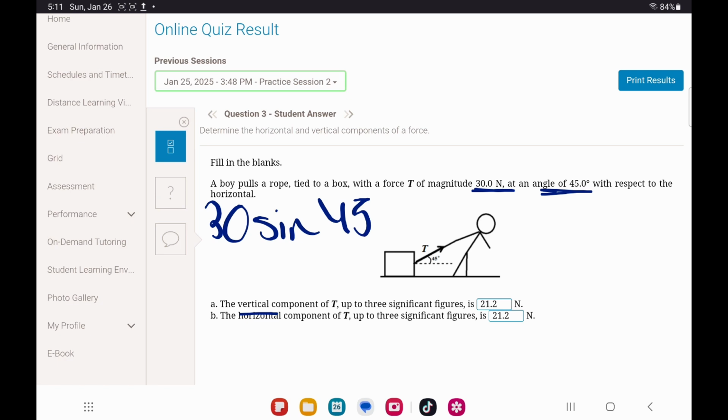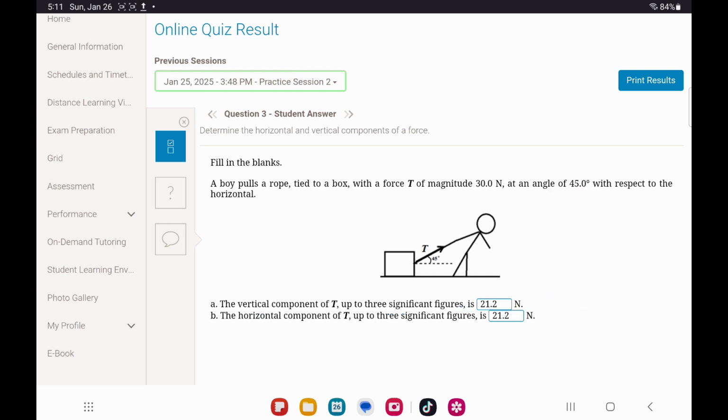On your calculator, you get 15 radical 2, which is 21.21, and so on. They want 3 significant figures, and if you round 21, it becomes 2 because 1 is less than 5, so it's 21.2, and that's your answer here.